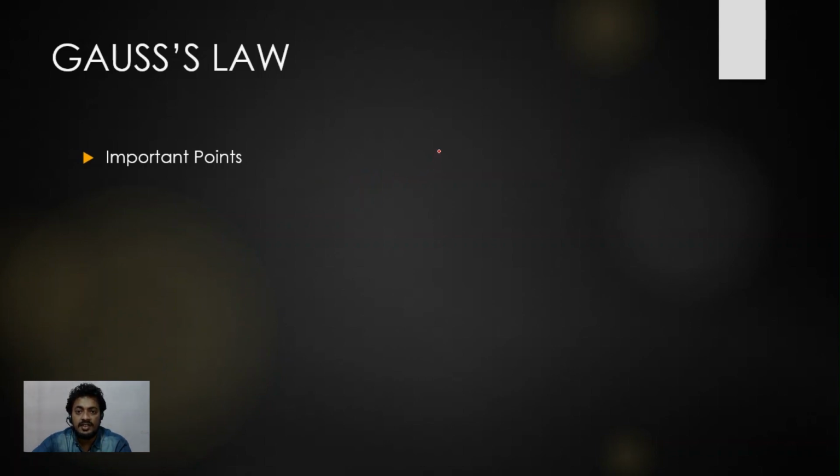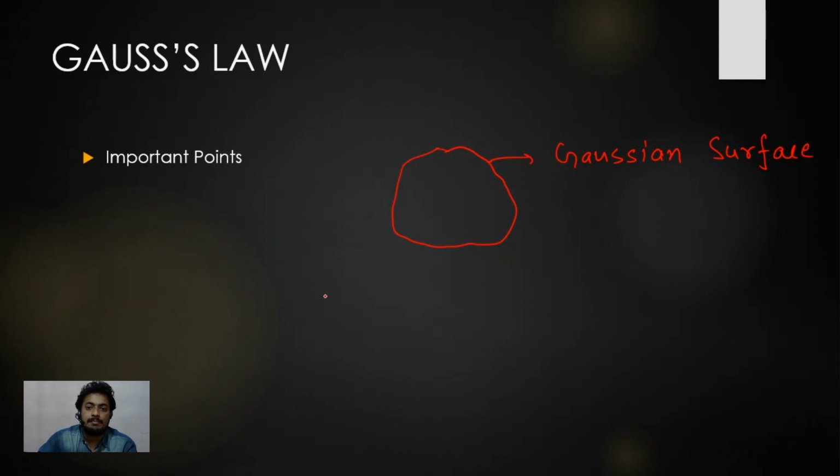So the surface which we are using to enclose is known as Gaussian surface. And one of the important points is it should not pass through any discrete charge, any point charge or discrete charge.